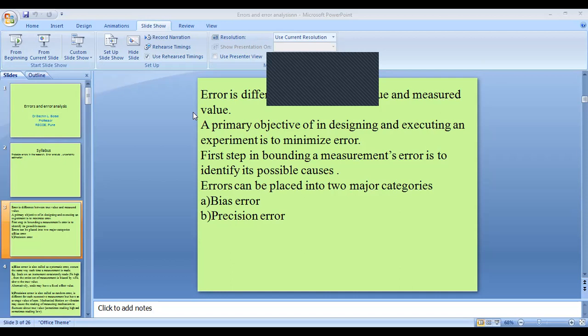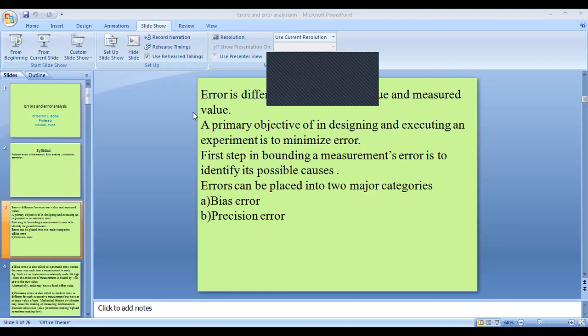When we go for designing the experiments, our aim will be to minimize the error so that whatever readings data we obtain will be believable.